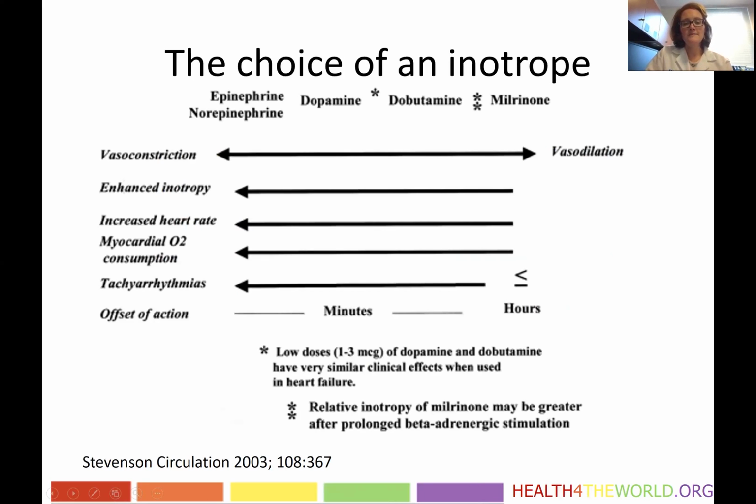In a patient who perhaps has an increased heart rate, we know that dobutamine is going to cause an increase in the heart rate more, so we may choose milrinone. All of these medications have vasodilatory effects, dobutamine and milrinone. Epinephrine and norepinephrine will be vasoconstrictive.